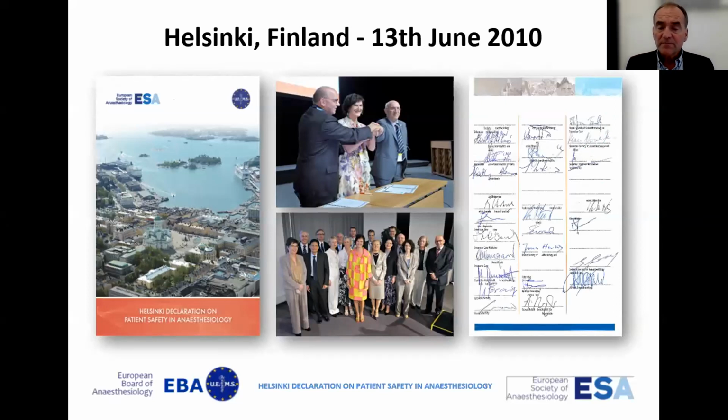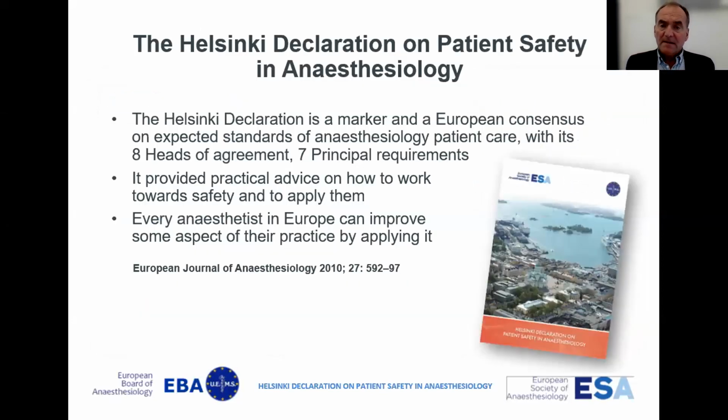So the declaration was launched in Finland during the Euro Anesthesia meeting in June 2010. And very early on, lots of national societies were eager to sign on because they found that this Helsinki Declaration was something that was easy to understand.